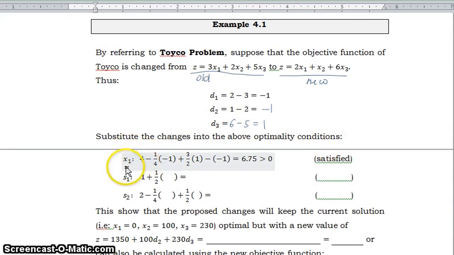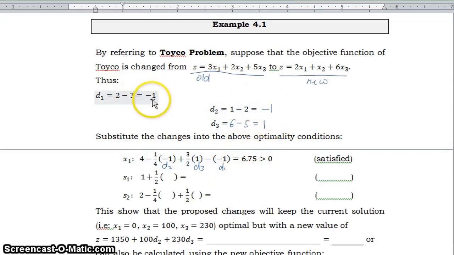For X1, the formula is 4 minus 1 over 4 D2 plus 3 over 2 D3 minus D1. We know that D2 is negative 1, D3 is 1 and D1 is negative 1.